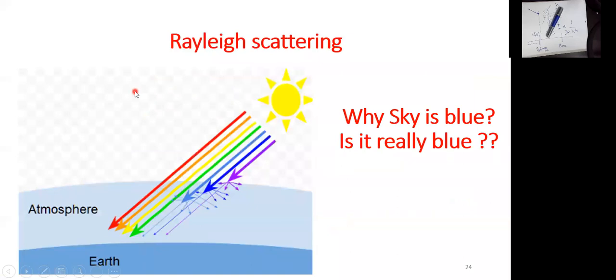This equation actually answers the question of why you see the sky blue. Generally, the sun transmits the full spectrum to us: ultraviolet, violet, blue, yellow, orange, red, and infrared.